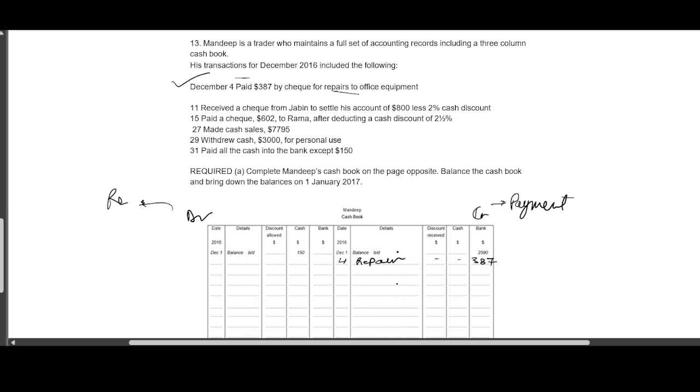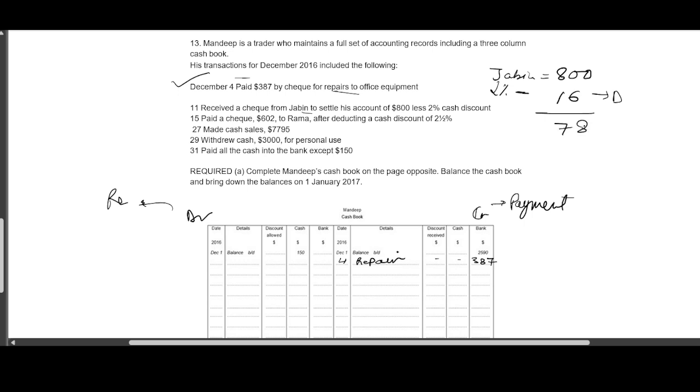After that, on 11th, receive a check from Jabin to settle his account of 800. So Jabin's account is 800, right? But it is settled with a 2% cash discount. So 2% on 800 is 16. So 16 is discount.